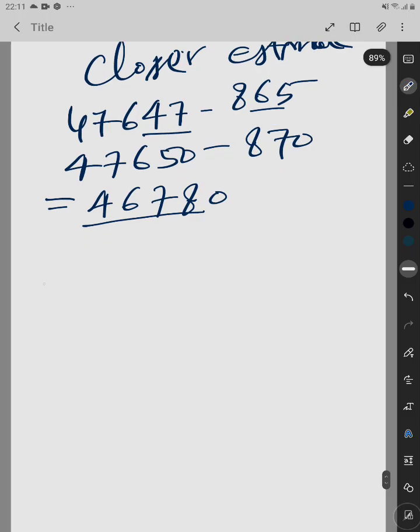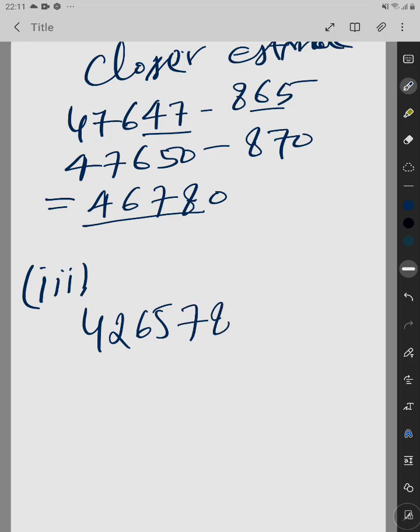Okay, now let's take a third example. Let's take a little larger number, 426578, any number you can take, plus 6251, like this. So we'll have a rough estimate first.